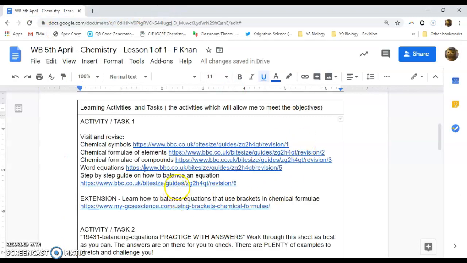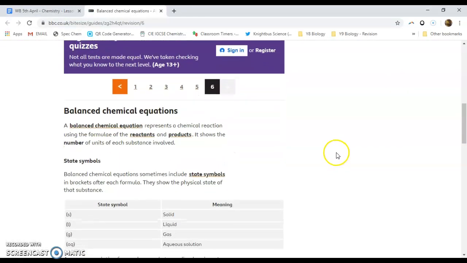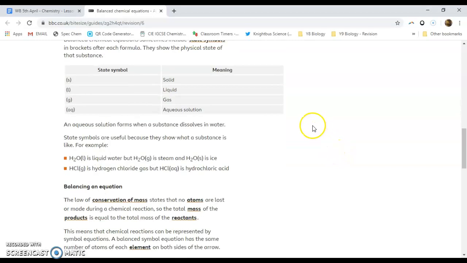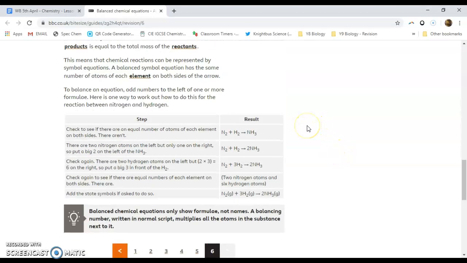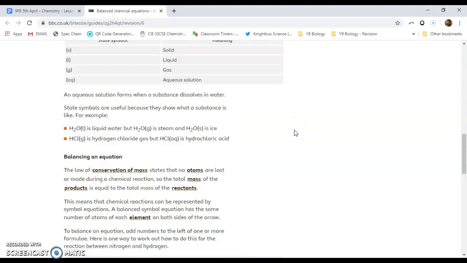The next one is a nice step-by-step guide as to how to balance an equation. You must make sure that you go through this very, very carefully.